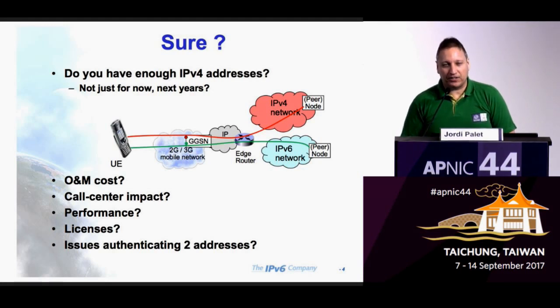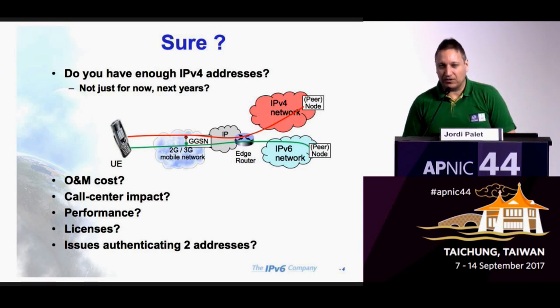It means you are managing actually two parallel IP networks, an IPv4 network and an IPv6 network. It means when somebody calls your call center, it needs to be able to support issues related to the IPv4 network and the IPv6 network.